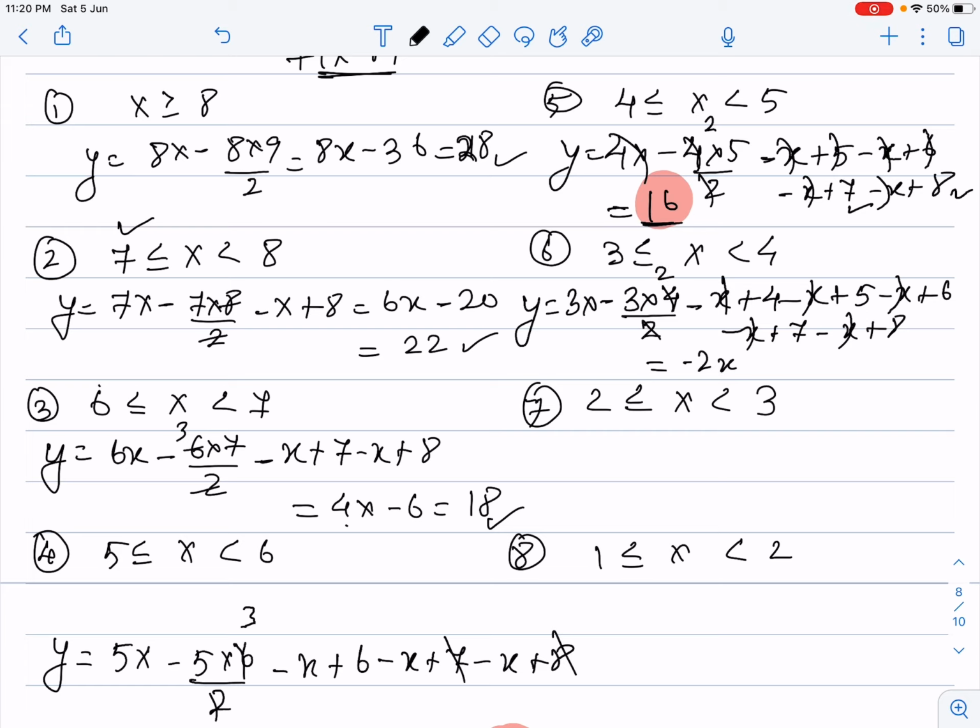Minus 2x and minus 6 we had, so plus 6 will get cancelled with minus 6. We have 7, 9 and 7, 16, and 16 and 8, 24 will be there. So 24 minus 6, when I do that, I will get 18 again over here. So 18 we got. After 18, 22 and 28 will be coming.